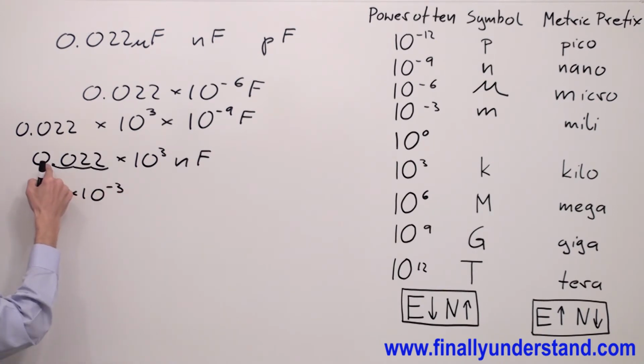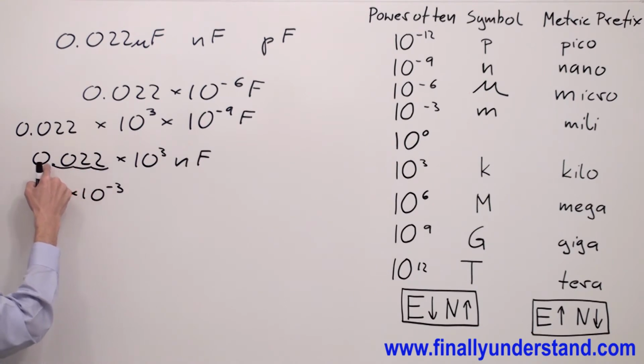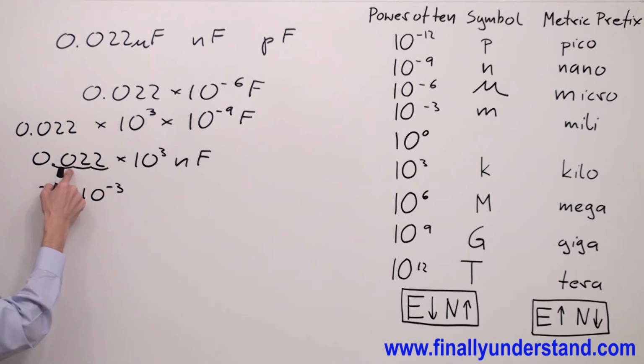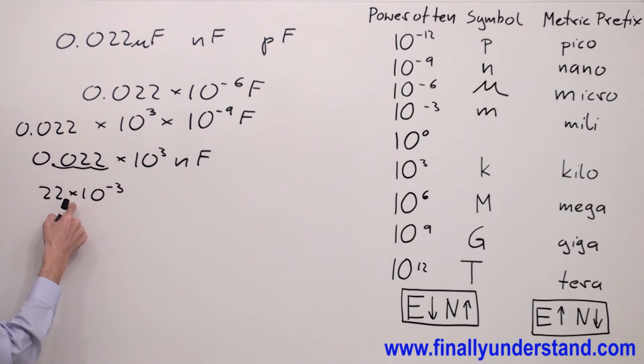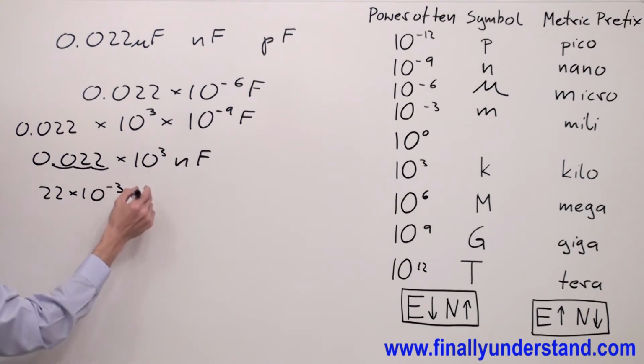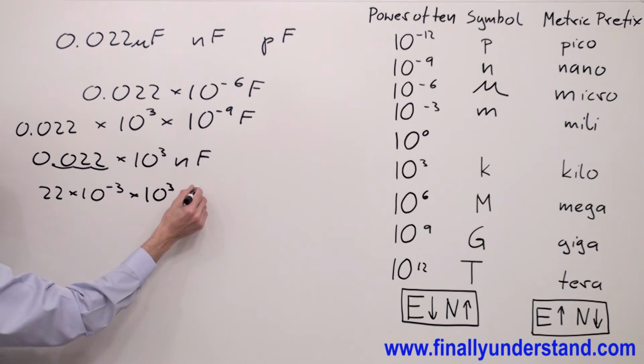Remember, anytime the number is getting bigger, exponent has to get smaller. So instead of writing the number like this, I'm going to write this number in this form, with power of 10. Times, copy down whatever we have over here, 10 to the third nanofarads.